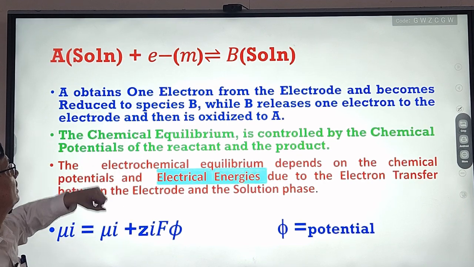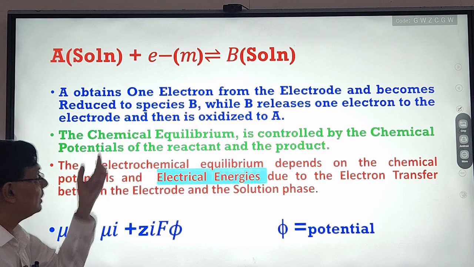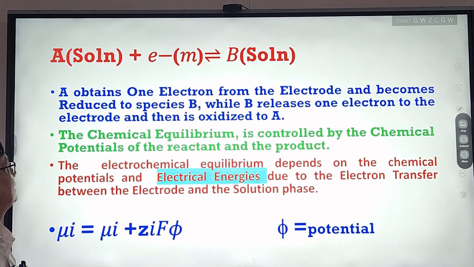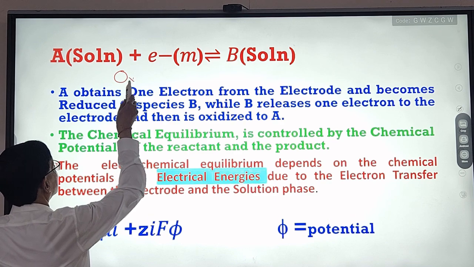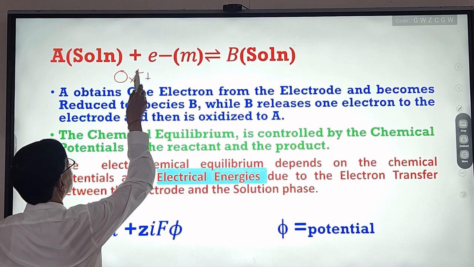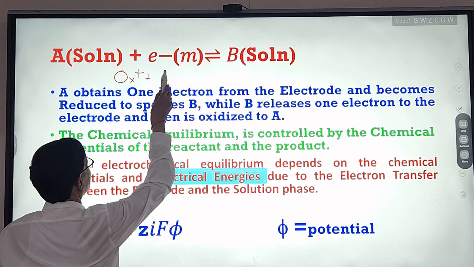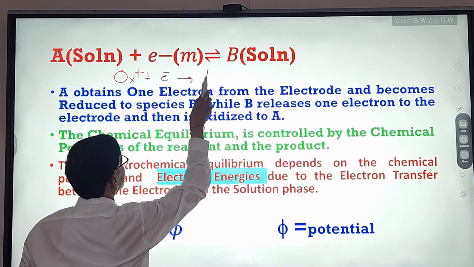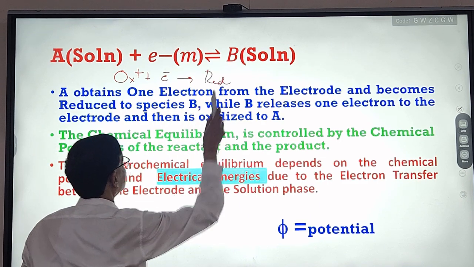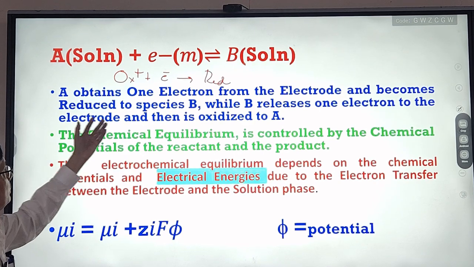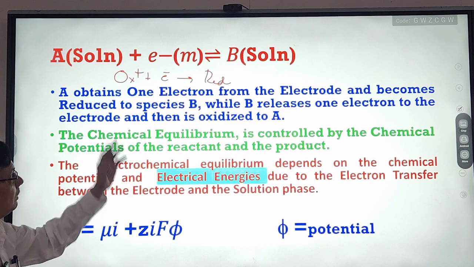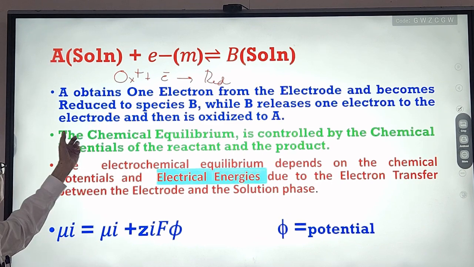A is at an electrode with an electron, so it is a reduction type of reaction. If I write A as the oxidized species, I can write here also Ox plus 1 electron, and then this is the reduction. Okay. So A obtains 1 electron from the electrode and becomes reduced to species B, while B releases 1 electron to the electrode.